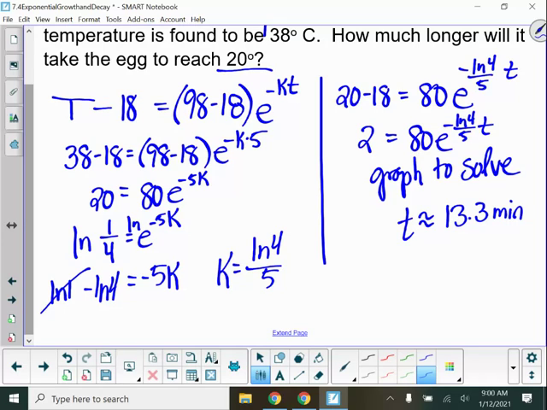You do need to be careful with these types of questions, though, because if an initial amount of time has passed and they say how much longer, that can mean that you might need to subtract out that initial 5 minutes. Because I wasn't starting at 38, I was starting at 98.